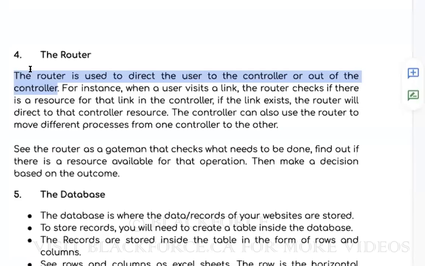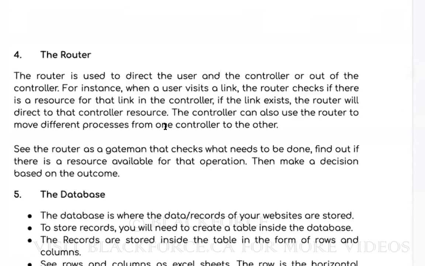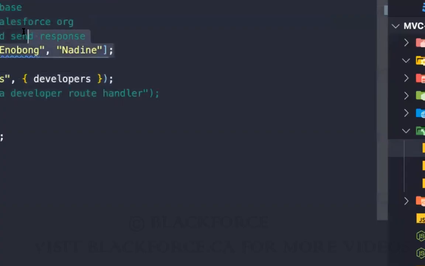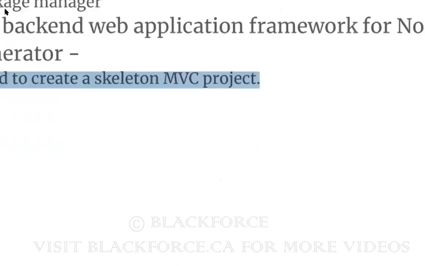So the statement says the router is used to direct the user to the controller or out of the controller. It's even supposed to be and out of the controller. I can as well change this, right? So and out of the controller, because when I finish manipulating data in the controller, I send the user out to the view. Can you see? So if I open up one of my images again, you're going to see.